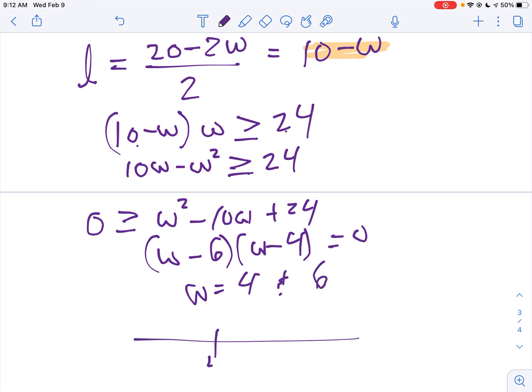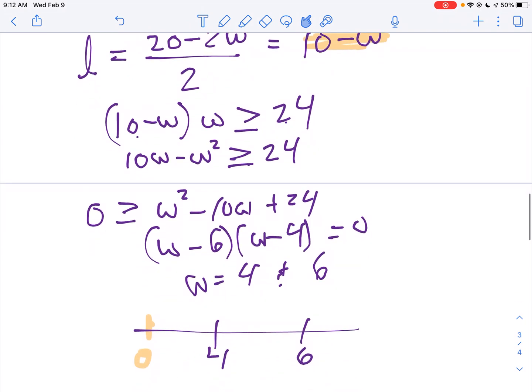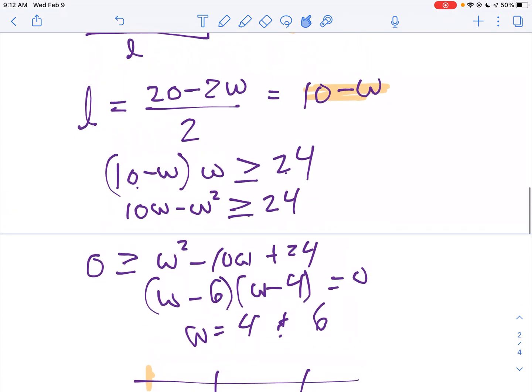So here's 4, here's 6, and then I'm going to pick a test point. Once again, I like 0 as my test point. If I put w is 0 back in, I'm going to get 0.